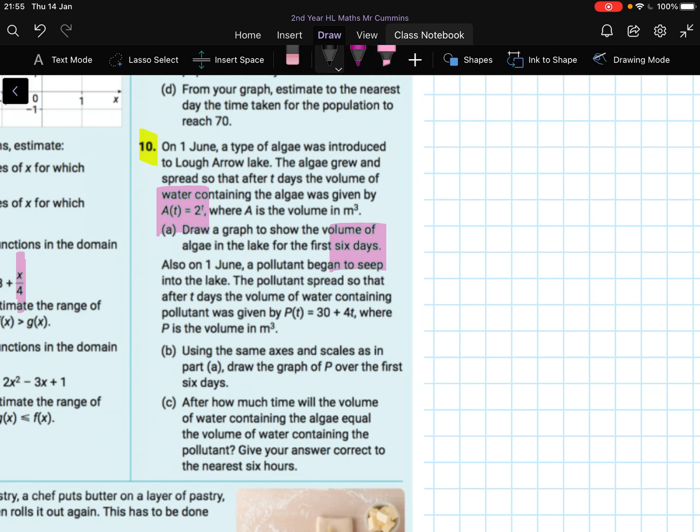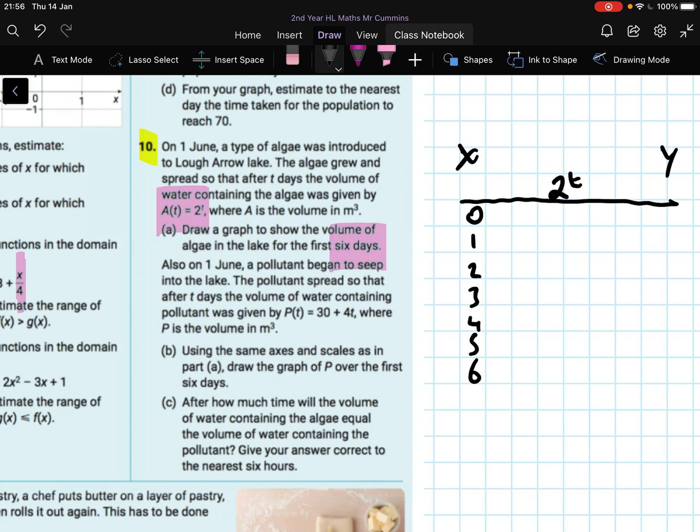So our function is 2 to the power of t. For the first 6 days, we're going to have 0 days, 1, 2, 3, 4, 5, and 6 days. This is going to be your x, and this is going to be your y over here.